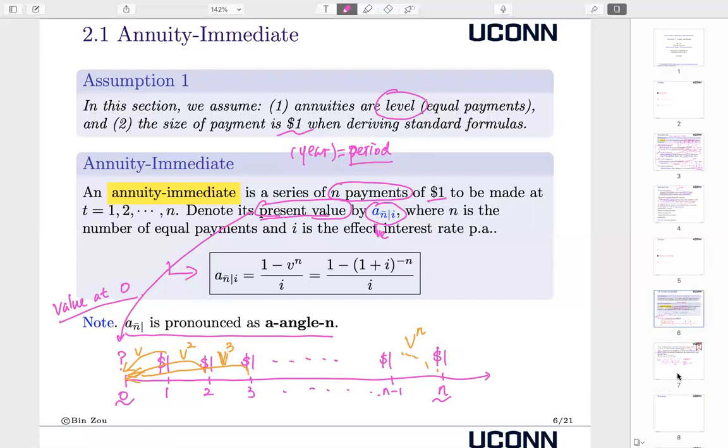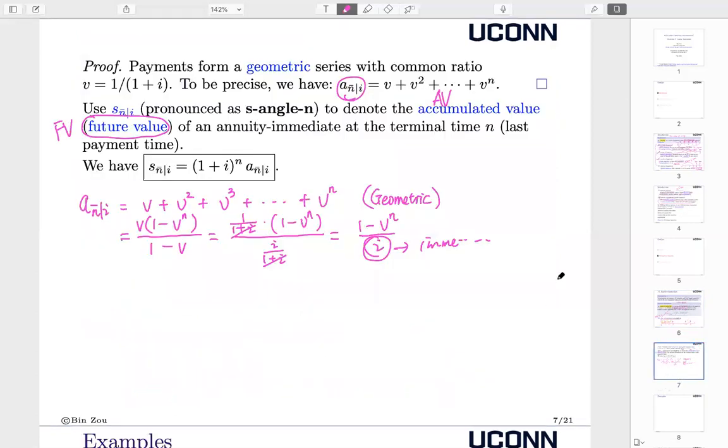So how do I calculate the future value or the accumulated value? In this case, I don't need to draw anything complicated. I only need to consider 0 and N. This is the value at 0, which we just did.